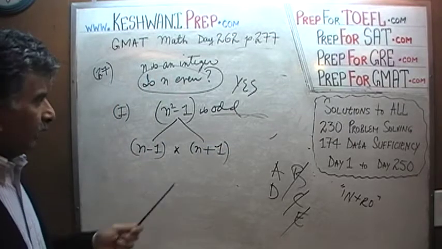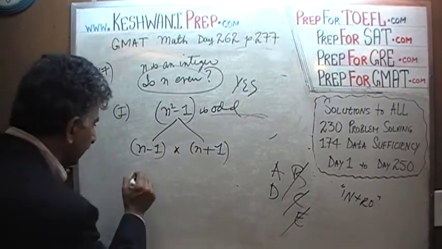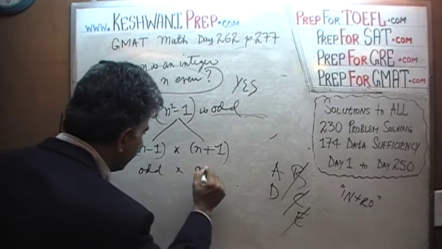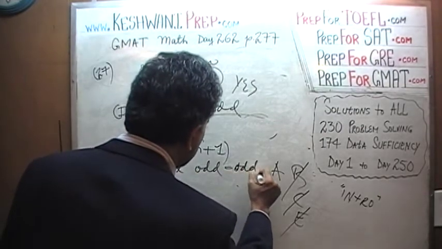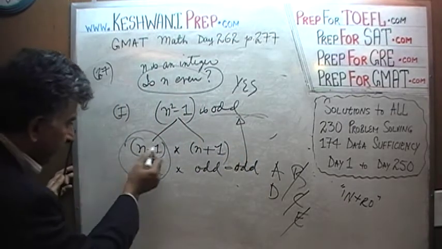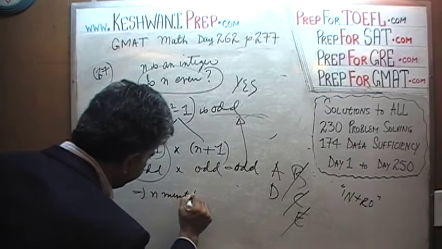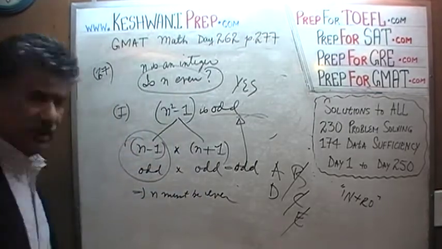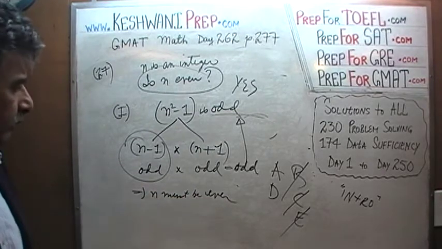And since this quantity we are told is odd, then this factor has to be odd and this factor has to be odd, because odd times odd is odd. And if n minus 1 is odd, then n must be even. Or if n plus 1 is odd, then n would have to be even. So that was another way of looking at it.